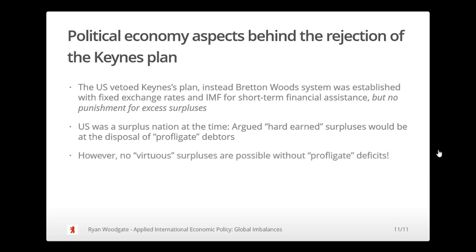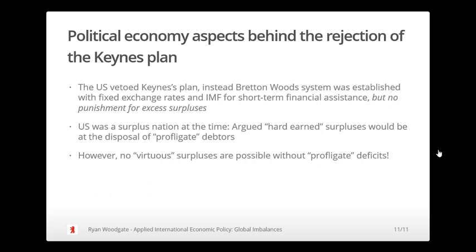But, of course, the important economic point to keep in mind, that was relevant then as it is today, is that you cannot have so-called virtuous surpluses without so-called profligate deficits. You can't have a surplus without a deficit. It's as simple as that.